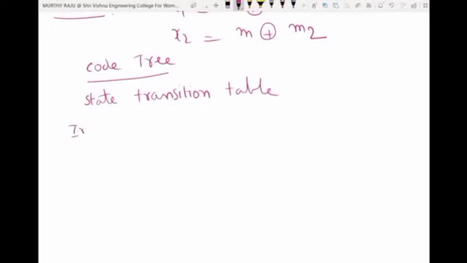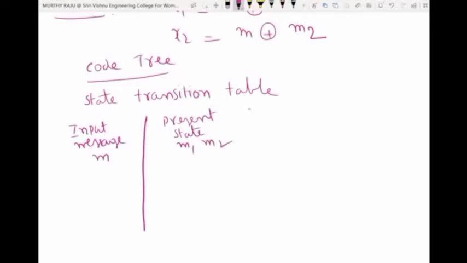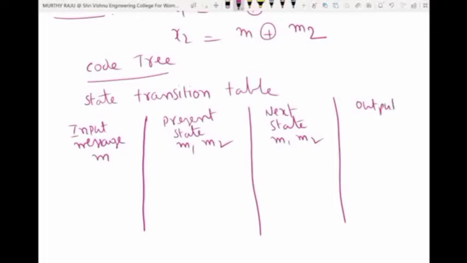Input message sequence M. Present state M1 and M2. Next state M1, M2. Outputs X1, X2.